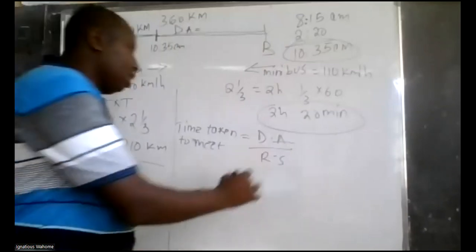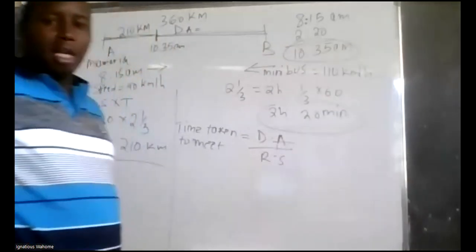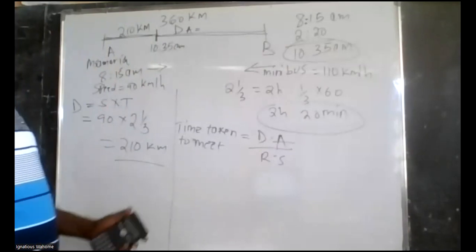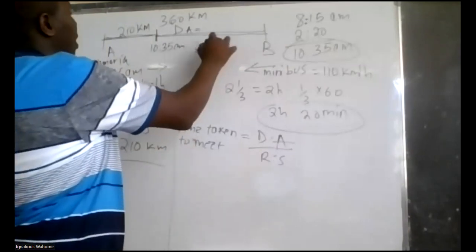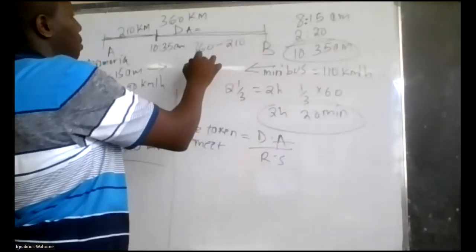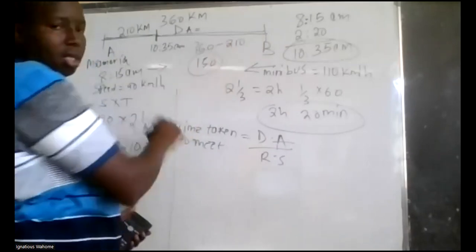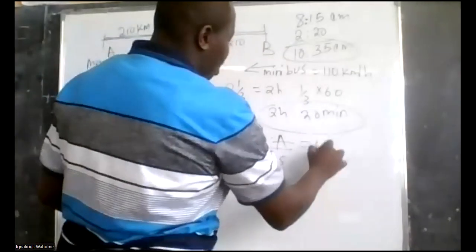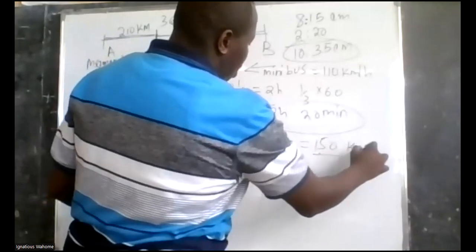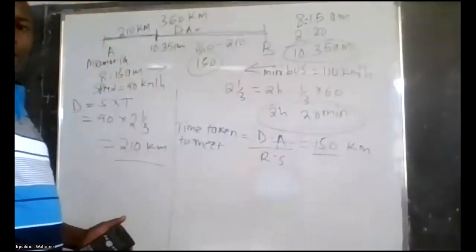I'm writing dA, which represents the distance apart. So 360 minus 210 becomes 150 kilometers. The distance apart at 10:35 was 150 kilometers, all over the relative speed.